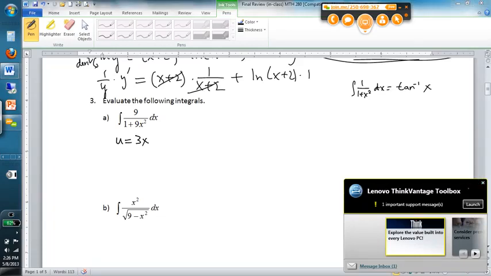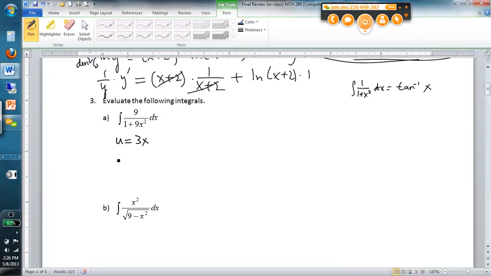Of course, du is 3 dx, so du over 3 is dx. If I do that, here's what I get. Don't I get something that vaguely resembles tangent inverse? Yeah, so I can get to tangent inverse that way.